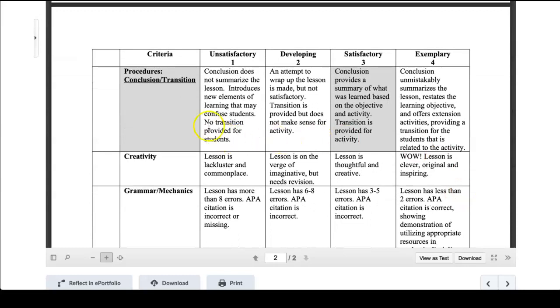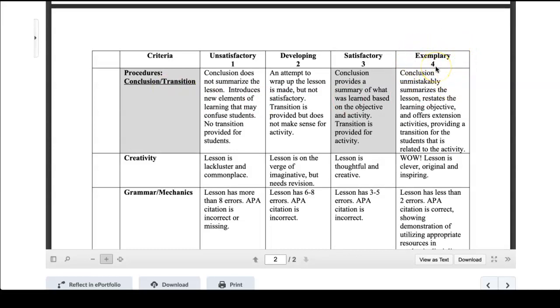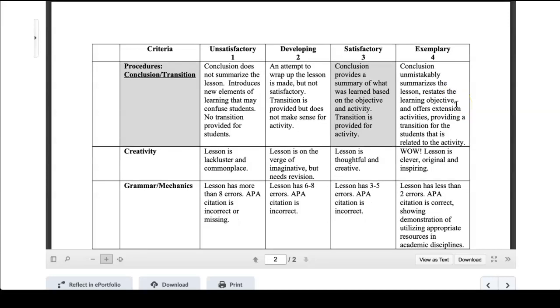The final criterion for under procedures is your conclusion and transitions. So again, let's shoot for the stars and look at exemplary. Conclusion unmistakably summarizes the lesson and restates one of the learning objectives, and it also offers extension activities, providing transitions for the student that is related to the activity.